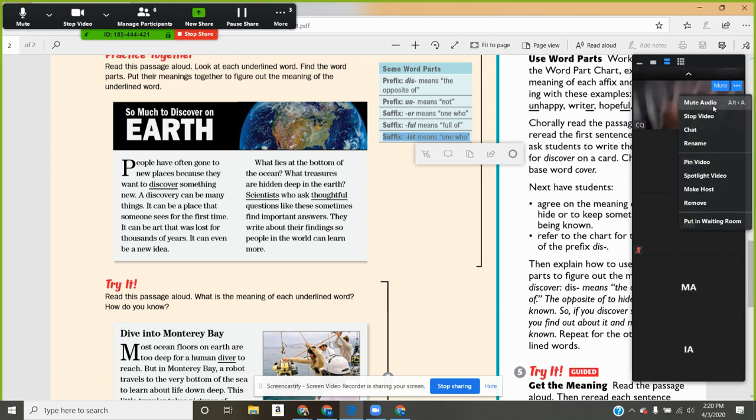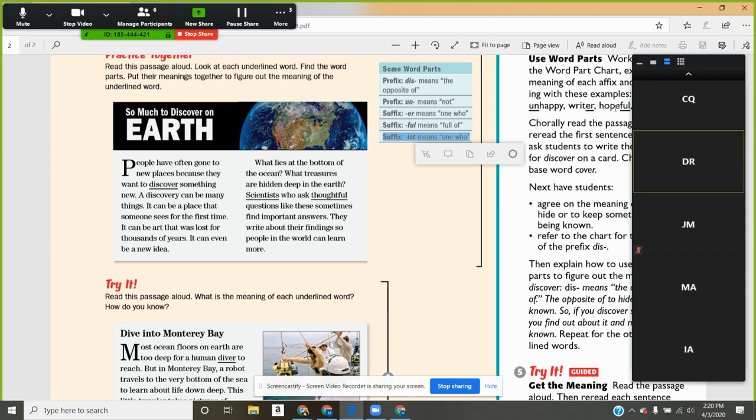What's the suffix? Good. And what does full mean? Yeah, full of, right? Like if your stomach is full, you're filled with it. So if you're thoughtful, you are filled with what? With thoughts, right?